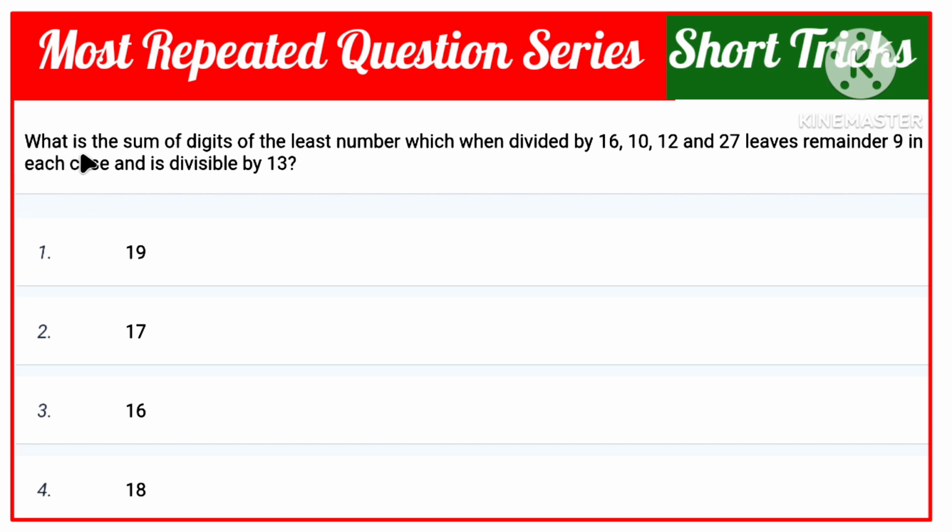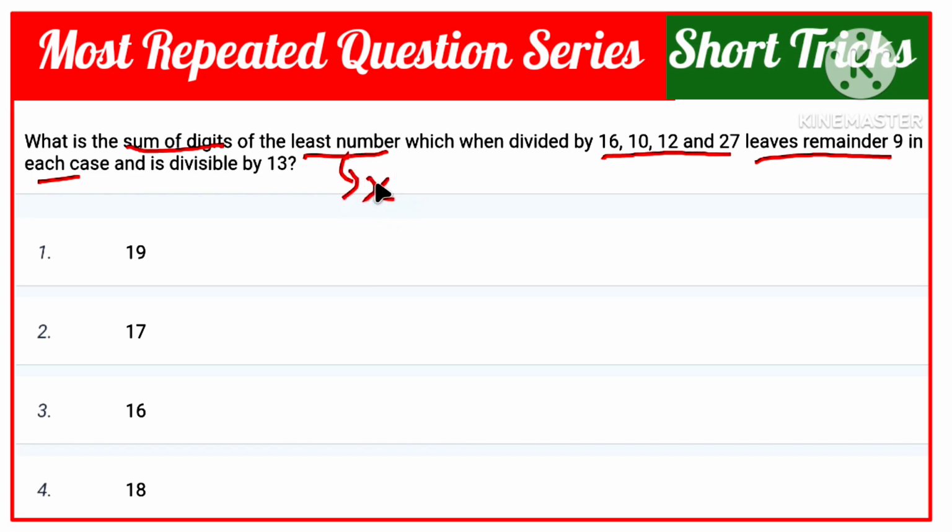Here it is given, what is the sum of the digits. You need to find the sum of the digits of the least number or the smallest number, which when divided by 16, 10, 12 and 27 leaves remainder 9 in each case. So let us assume x to be the smallest number.